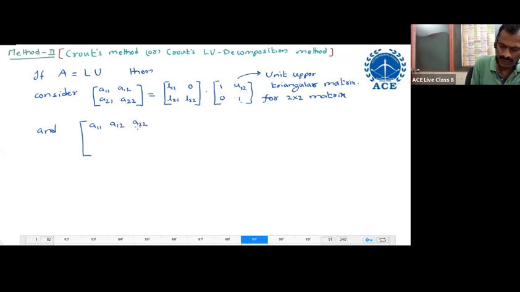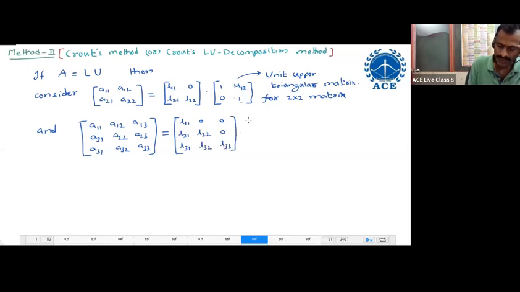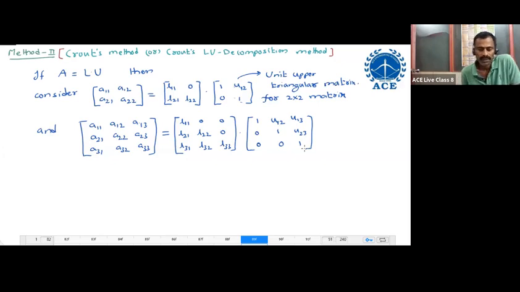A11, A12, A13, A21, A22, A23, A31, A32, A33 equals L11, 0, 0, L21, L22, 0, L31, L32, L33 into 1, U12, U13, 0, 1, U23, 0, 0, 1. That's it. This is for a 3 by 3 matrix.